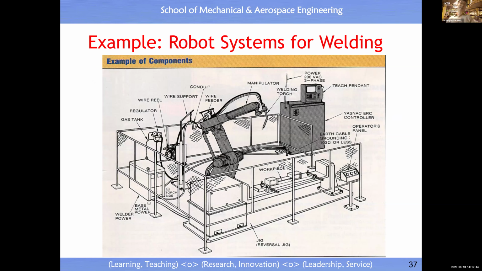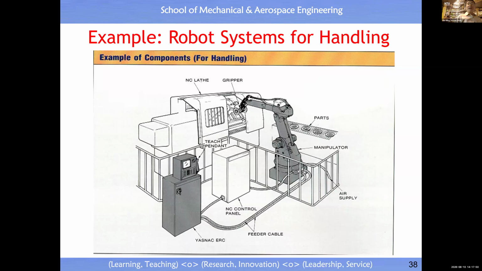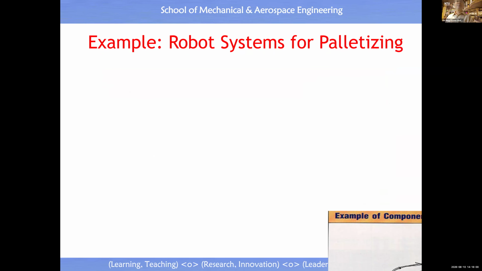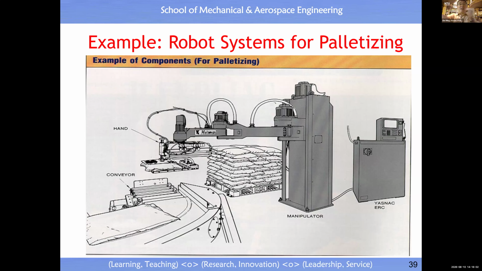Then we can have a robotic arm to imitate human-like welding behavior, and the human being also can do the loading, unloading of machine part into CNC machine. We can also use robot arm to do the similar activity. Human being can do the packaging, right? And we can use robot arm to do the packaging or whatever, right?